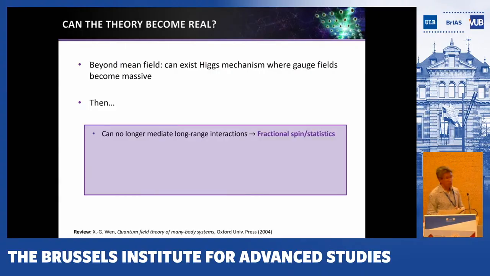Okay, so then I would have to conclude that this mathematical trickery that I was talking about here, if this Higgs mechanism turns on, then actually these fermions that I introduced first just mathematically actually become real objects in my system. My fundamental excitations do indeed carry half integer spin and do have fermionic statistics.